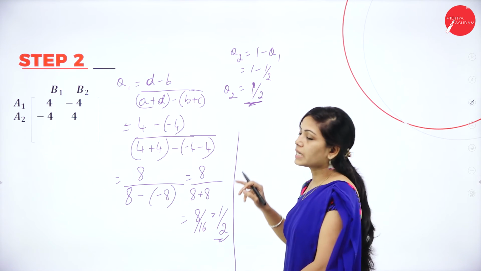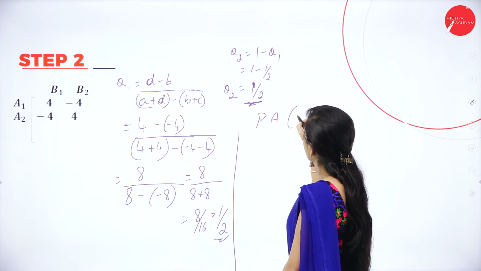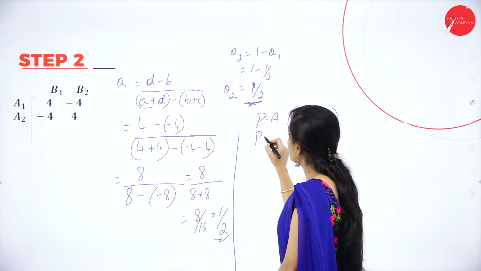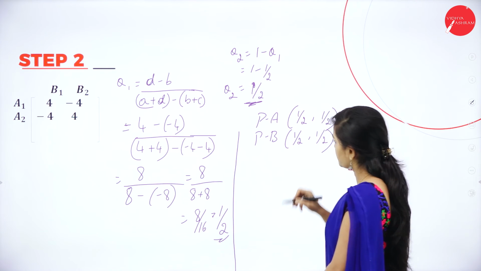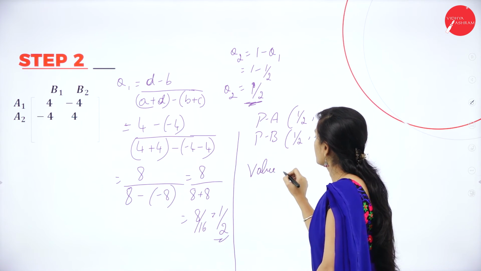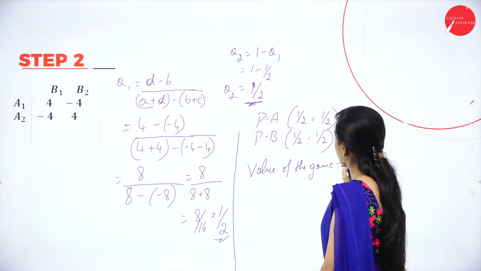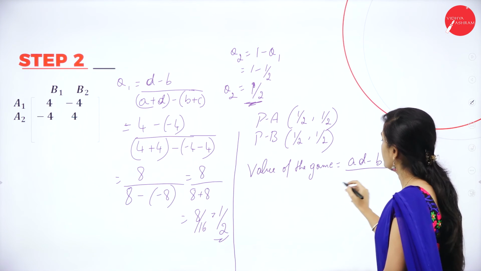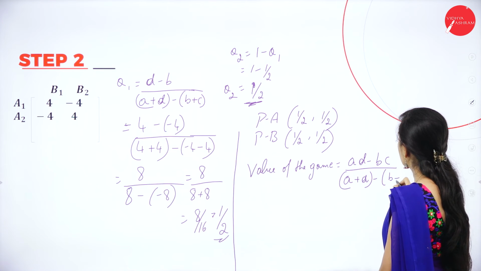Then the optimal strategy for player A is 1 by 2 and 1 by 2, and the optimal strategy for player B is 1 by 2 and 1 by 2. So now you can find out the value of the game. Value of the game is equal to (AD minus BC) by (A plus D minus B plus C).